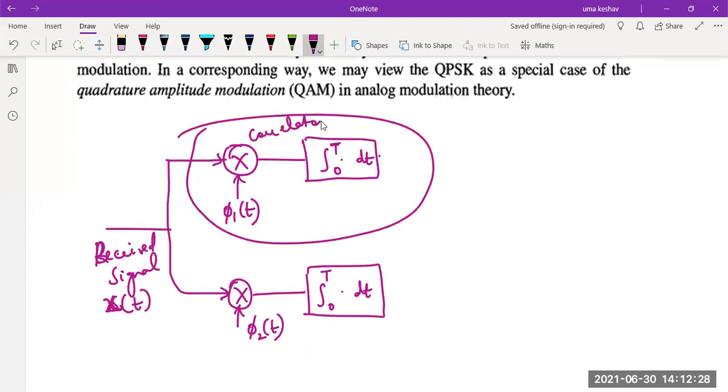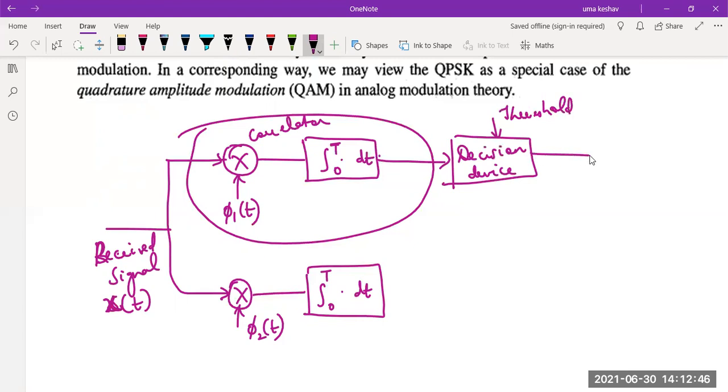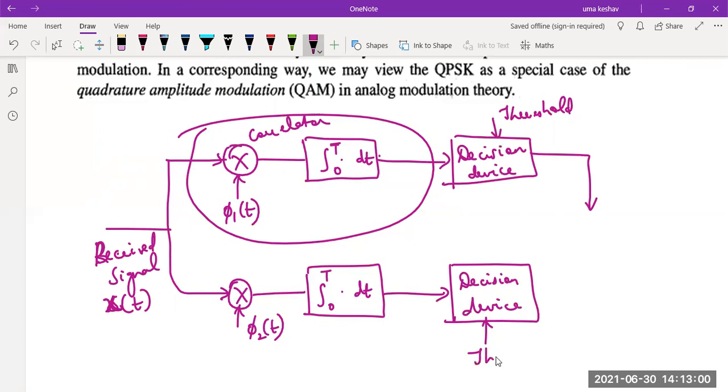Please remember, once you have the correlator, you should have a decision device to which we give a threshold. A threshold value will be fed to this decision device. Once it crosses the threshold, it makes a decision. If it is below the threshold, it will make a different decision. So here also we have a decision device and the threshold value is given.